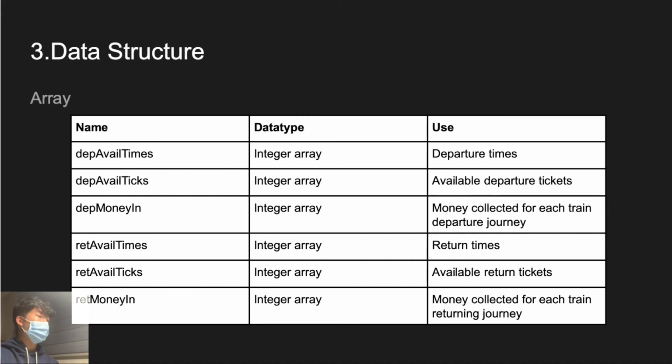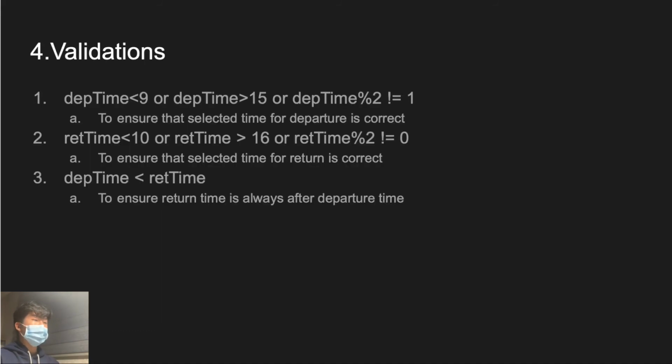And then we'll look at validations. So string validation is used in task 2. First validation is a validation of entering departure time, and it is used to ensure that selected time for departure is correct.